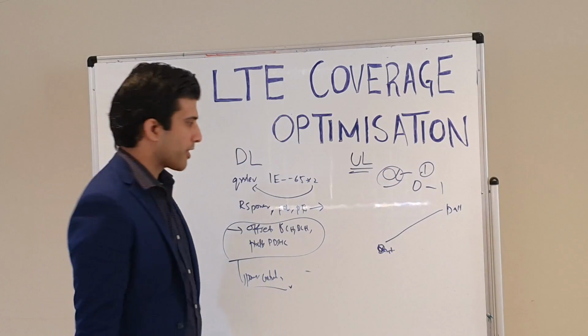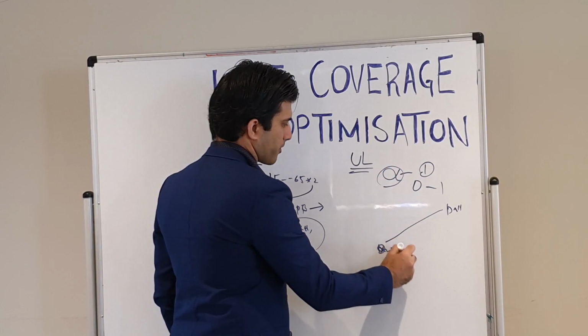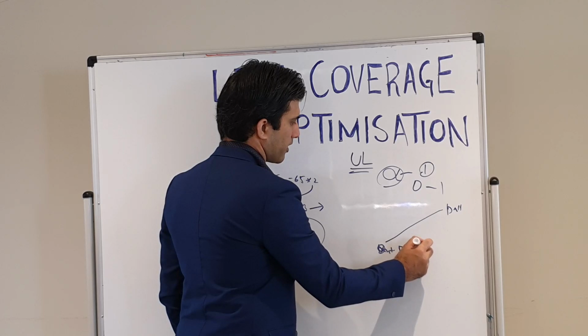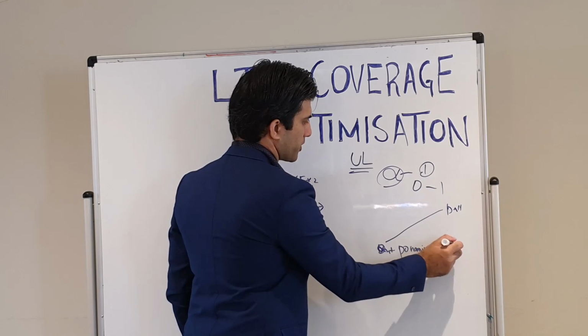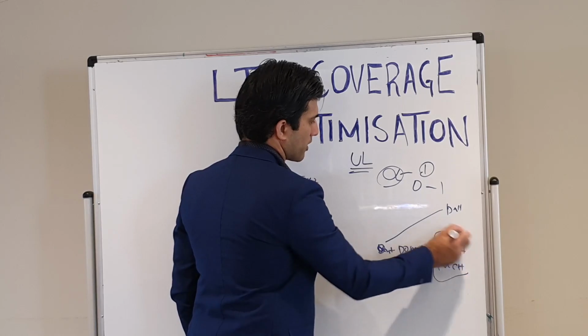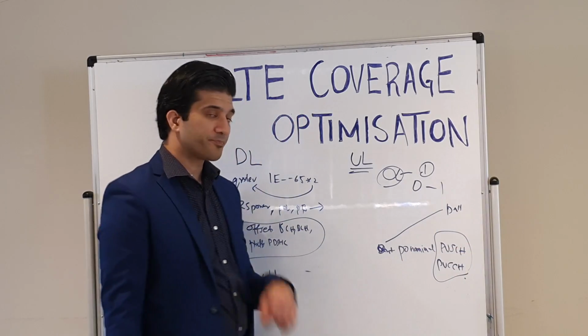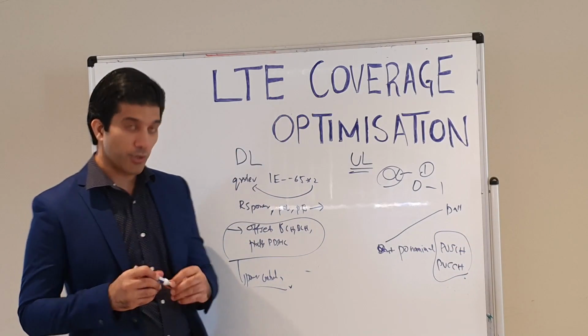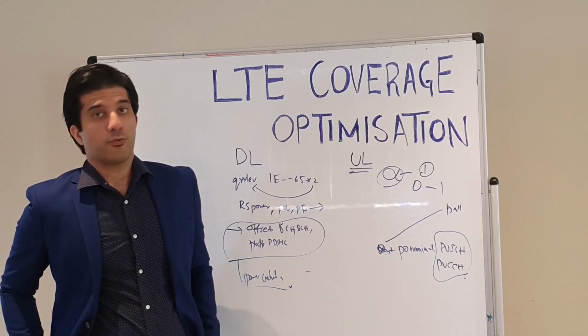Then you have your parameters that are called P0 nominal PUSCH and PUCCH. These are basically the parameters which control your power control algorithm for uplink.